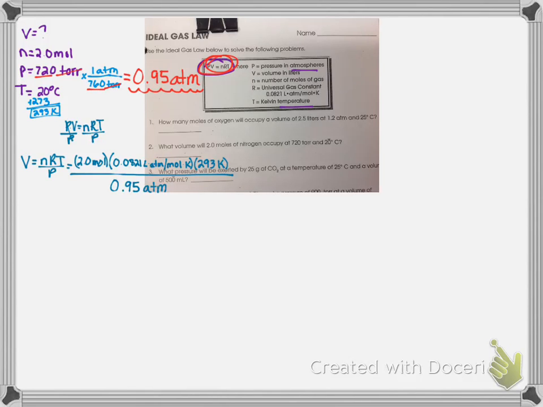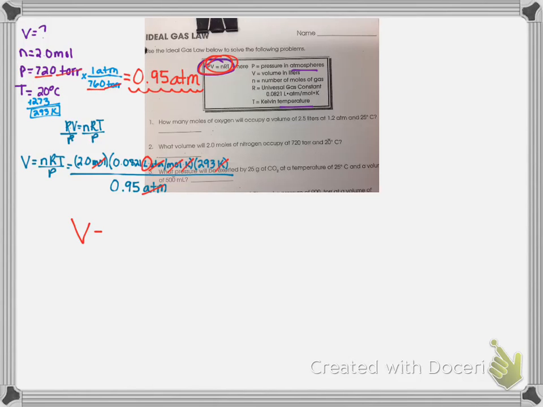And now we just need to show our units canceling out. Our atm are going to go away. Our moles are going to go away. And our Kelvins are going to go away, leaving us just with liters, which is good because that's what we're solving for. We're solving for volume.